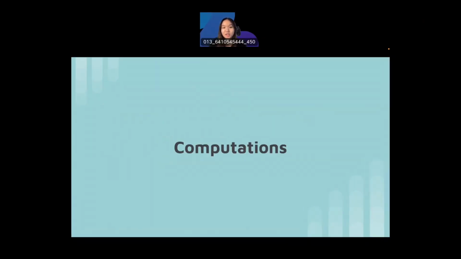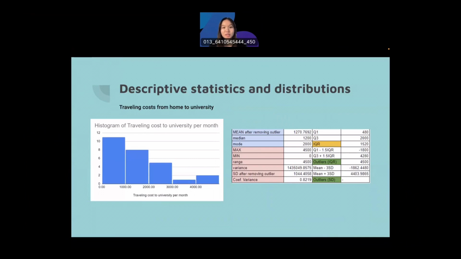For the first computation, descriptive statistics and distribution of traveling costs from home to the university per month. If you look at the histogram, you will see this is an exponential distribution, and in this sample we have a sample size of 27.